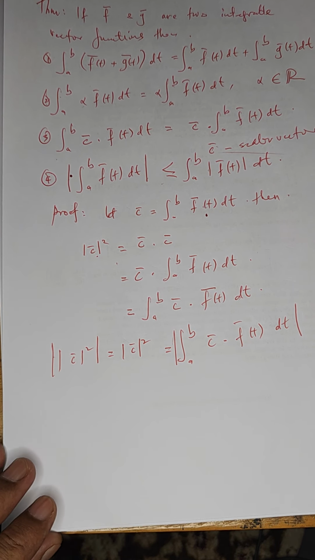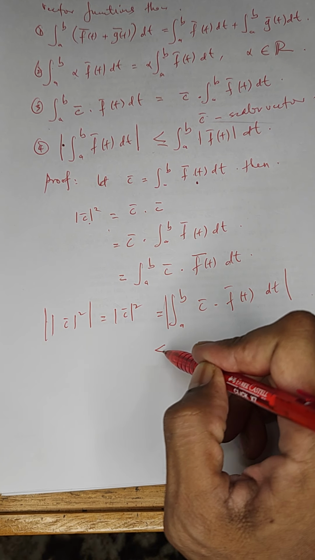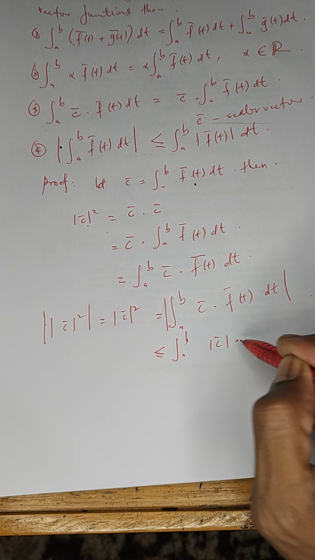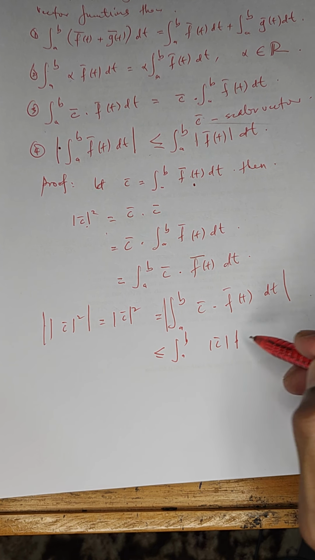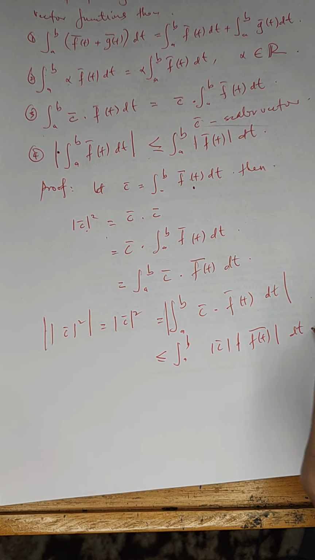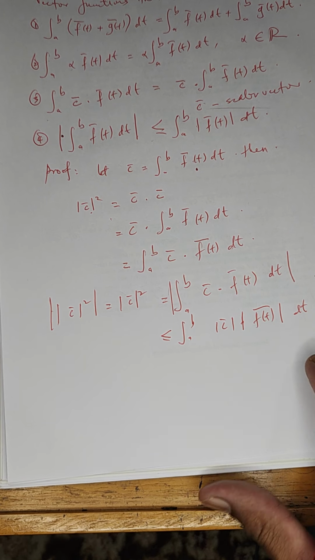Then this is less than or equal to integral a to b of the magnitude of c times the magnitude of f(t) dt, and from there you can just rearrange this.